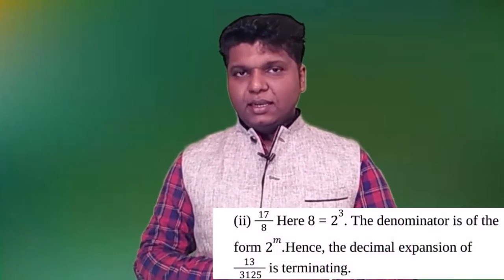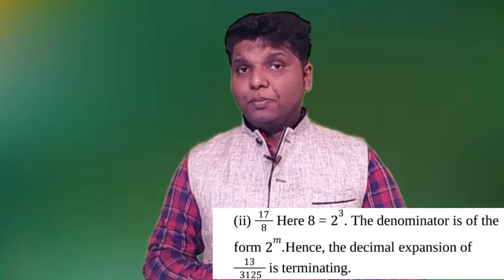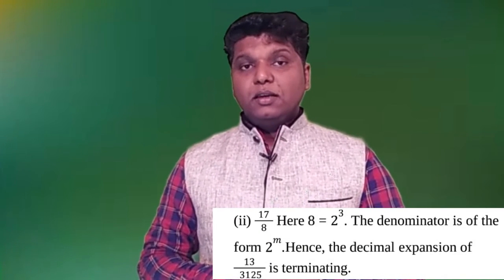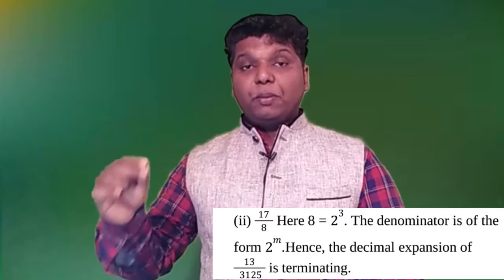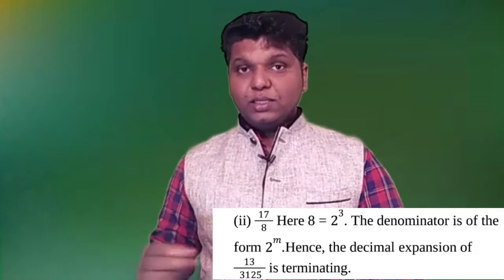Okay, what about the next one? Question number 2. 17 by 8. So 17 is a prime number, 8 is an even number, so it is in the simplest form itself. Taking the denominator part, what is the denominator here? It is 8. How can we express 8 as a power of a prime? It is 2 raised to the power of 3. 2 into 2 into 2 is 8, right?